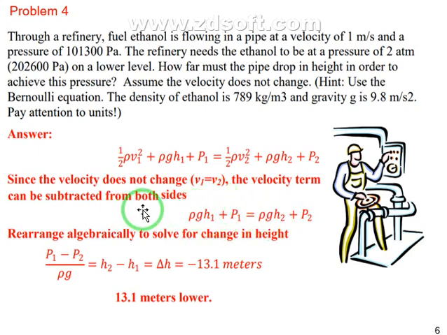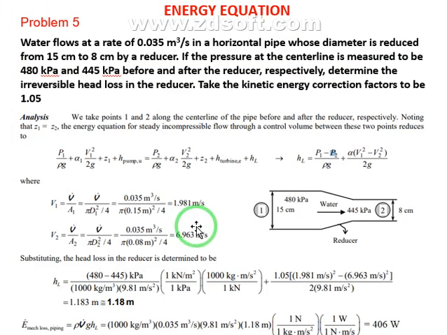You can use the regular form. It's fine. All we need to know now is delta H. What is the difference between the two levels? So very simple, very straightforward. You need to be careful about the numbers, about the units. So we need a drop of 13.1 meters to keep this pressure at the bottom side, right? Problem number 5 here, general energy equation.